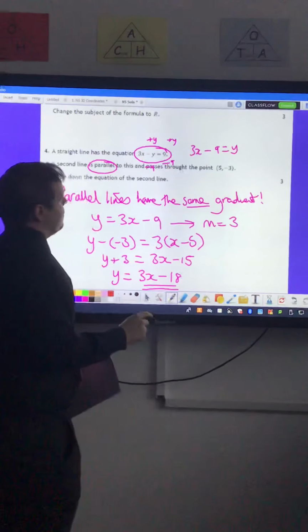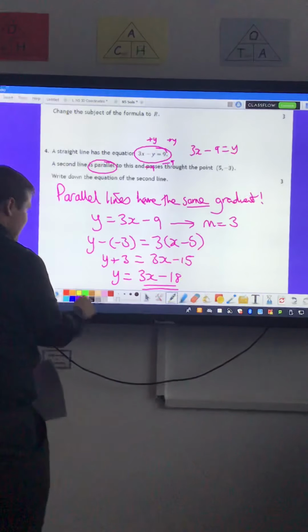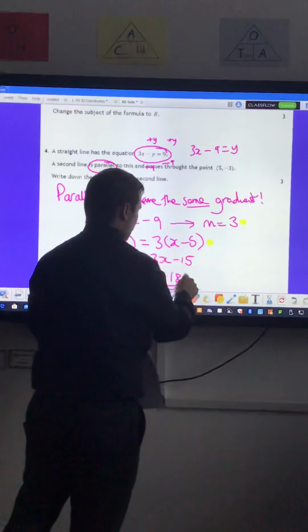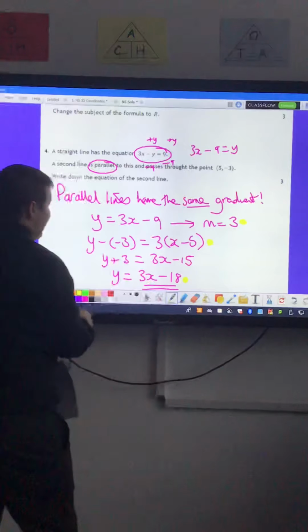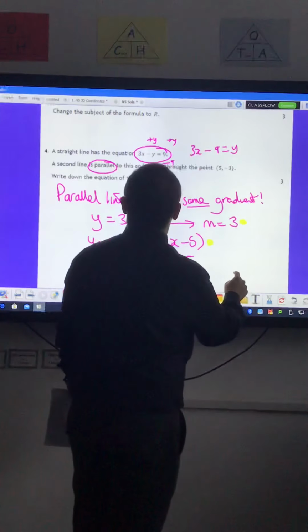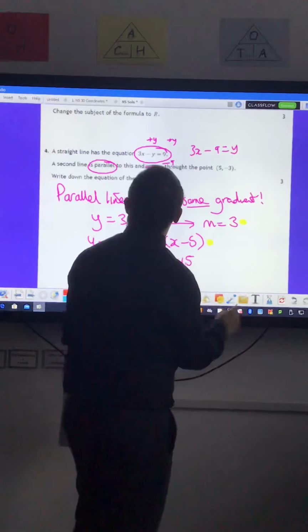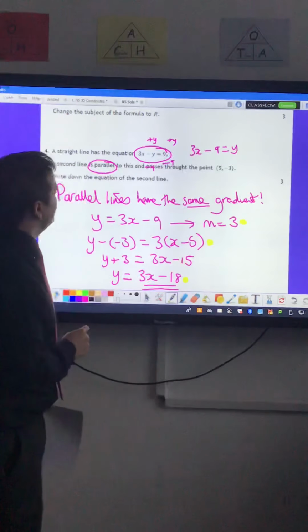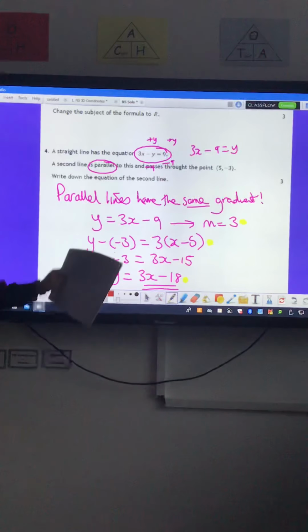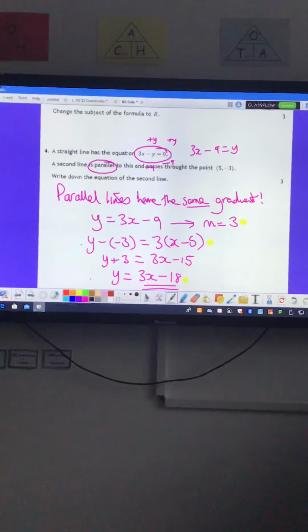Okay, again, 3 marks for that. 1 mark is for identifying the correct gradient, 1 mark for subbing in, and 1 mark for your answer at the end. Again, if you happen to use anything else other than 3, you still might be able to get 2 out of 3, provided you did that step and that step correctly.